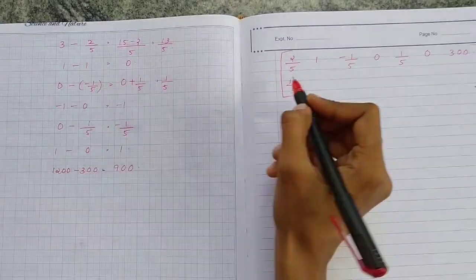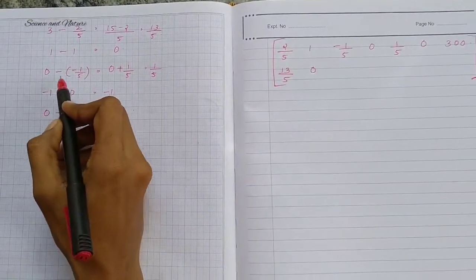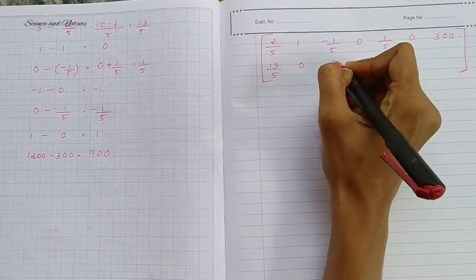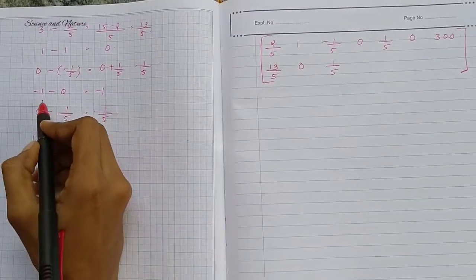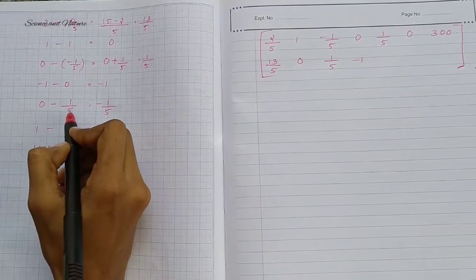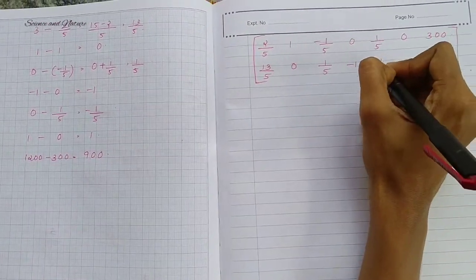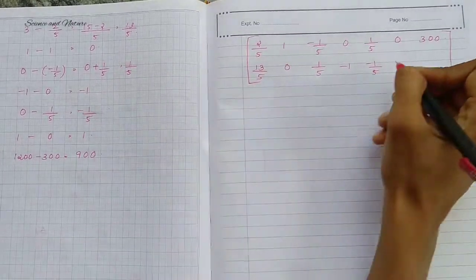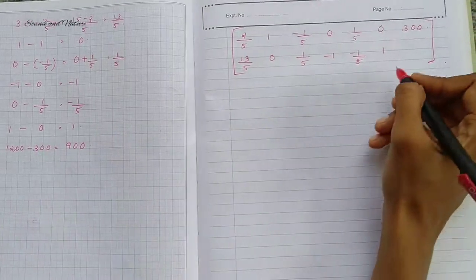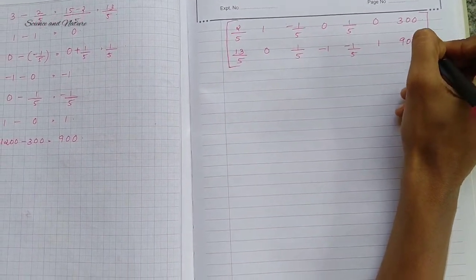Second one is 1 minus 1, 0. Third one is 0 minus 1 by 5, that is 0 plus 1 by 5, that is 1 by 5. Then minus 1 minus 0, that is minus 1. 0 minus 1 by 5, that is minus 1 by 5. 1 minus 0, that is 1. 1200 minus 300, that is 900.